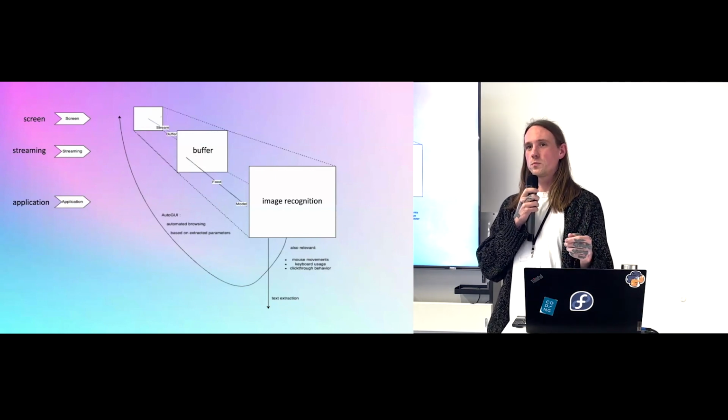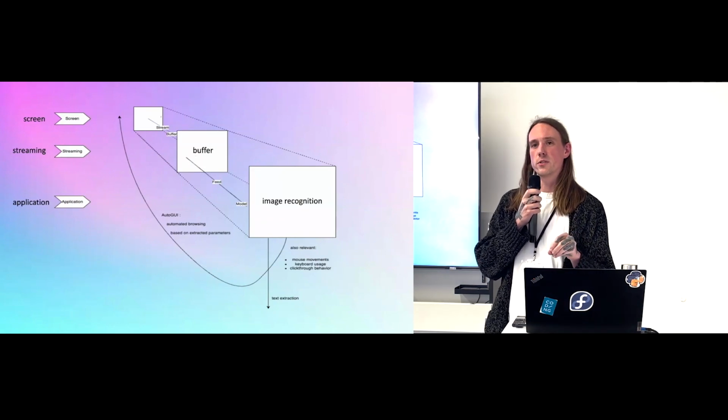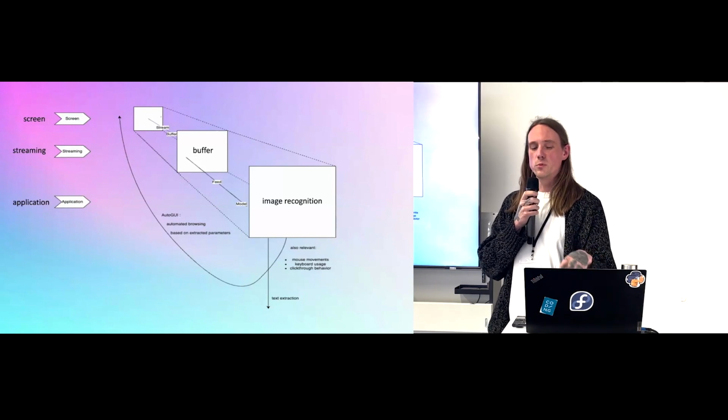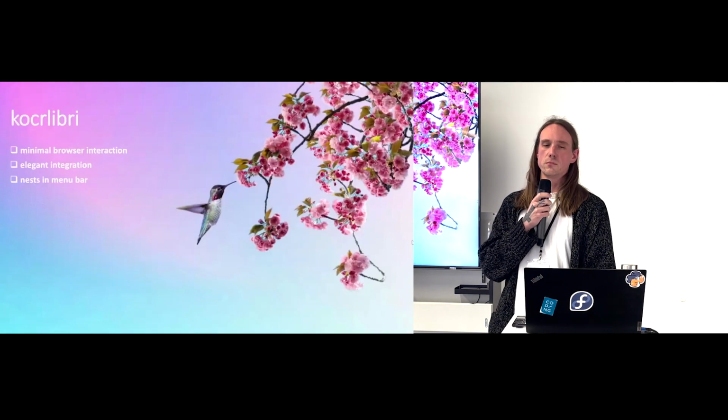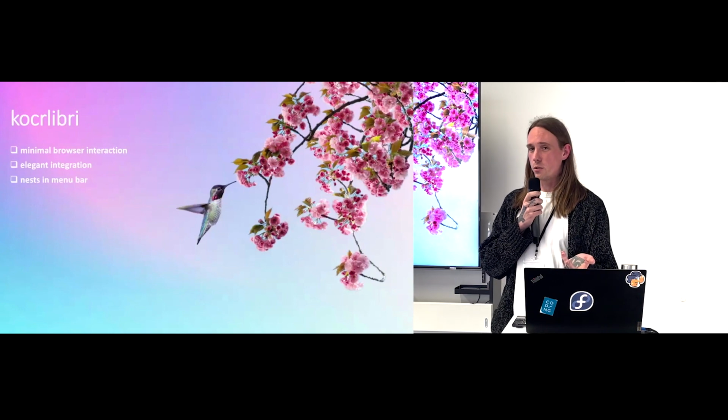Just automating the whole thing based on image data and taking data out of the image, feeding it into some mouse movement optimization, and so on and so forth. It sounds a little bit abstract. I'll show you in a minute how it works. I called it Colibri.